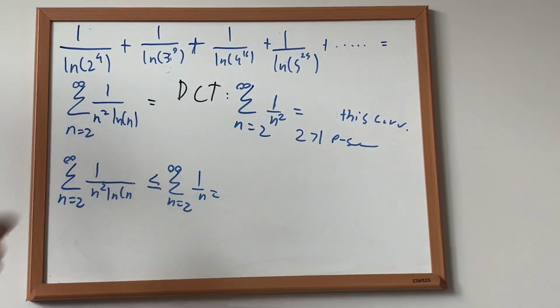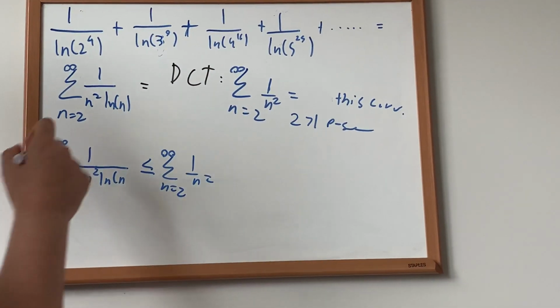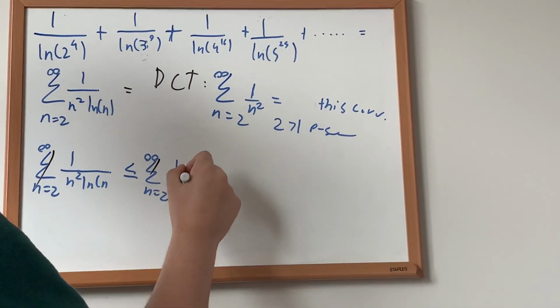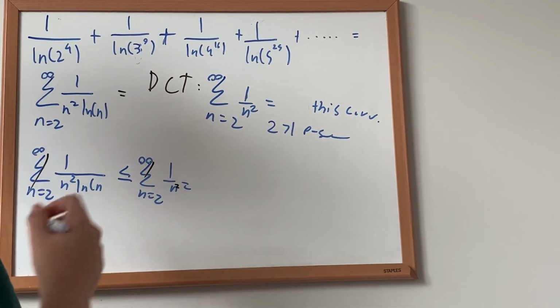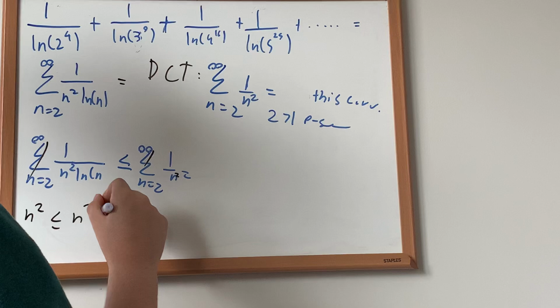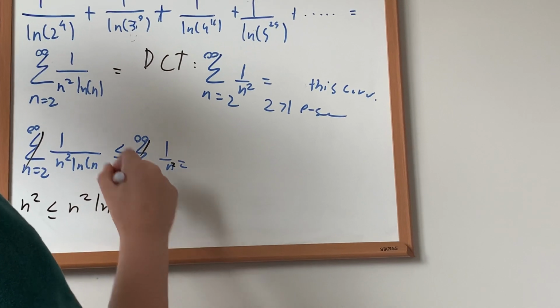And now, because the summation notations are the same, we can cancel out these two. And if you cross multiply, you get n squared is less than or equal to n squared times natural log of n.